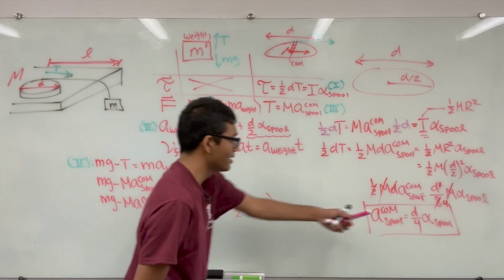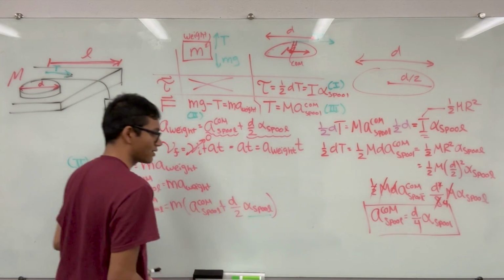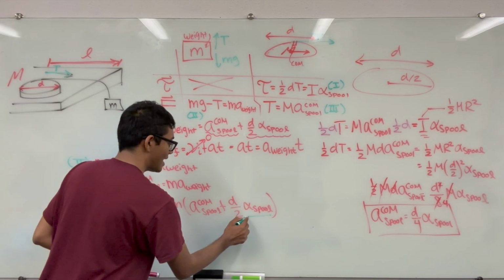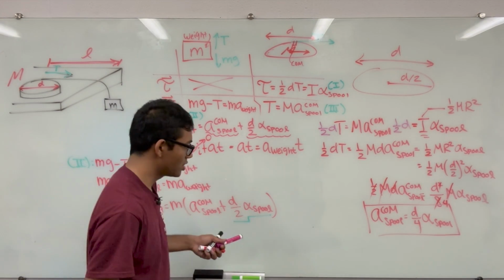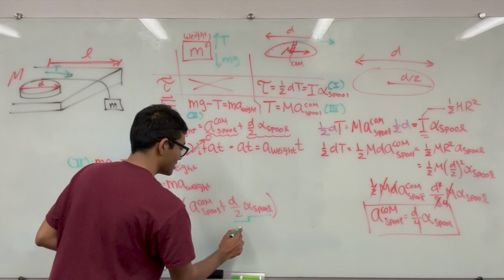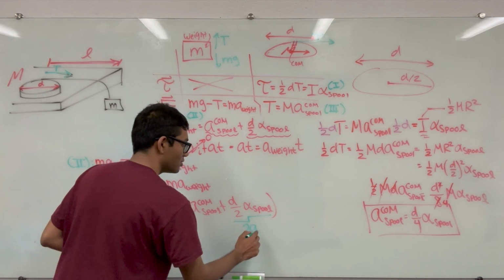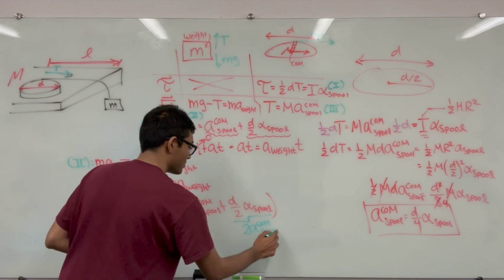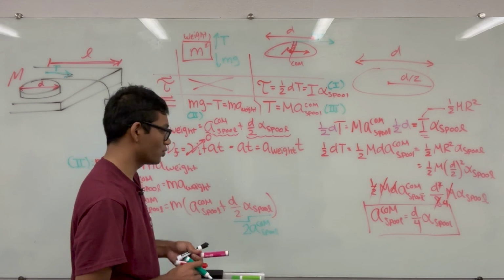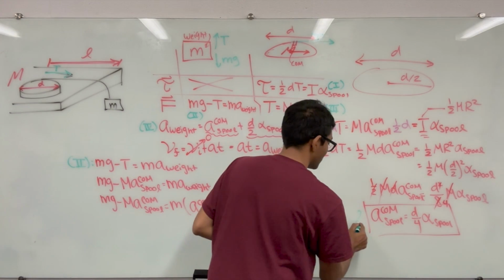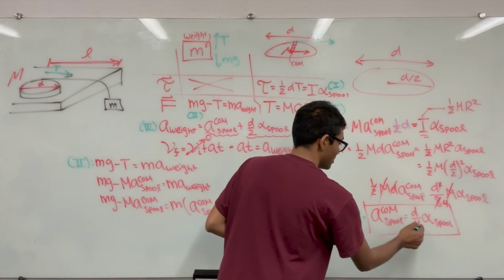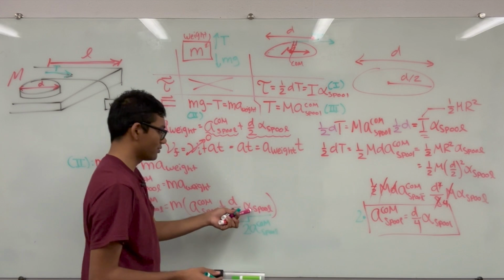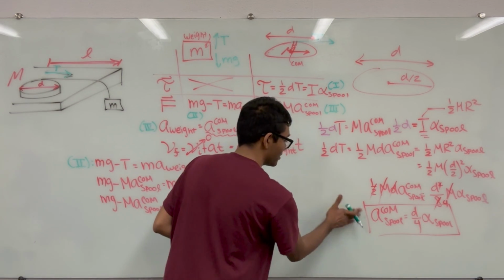So d over 4 times angular acceleration of the spool is the center of mass acceleration. So d over 2 times the angular acceleration is just twice that, is it not? So this is simply 2 times the center of mass acceleration of the spool. Why is it 2 times? Well, if I multiply this by 2 here and this by 2 here, then this will be d over 2 angular acceleration, which is exactly what I have here.